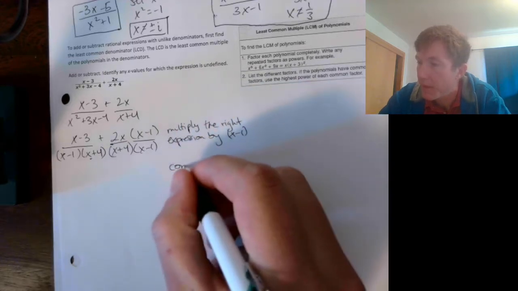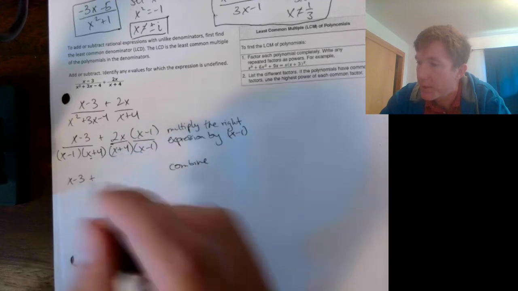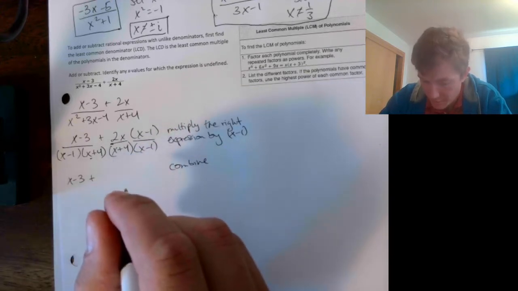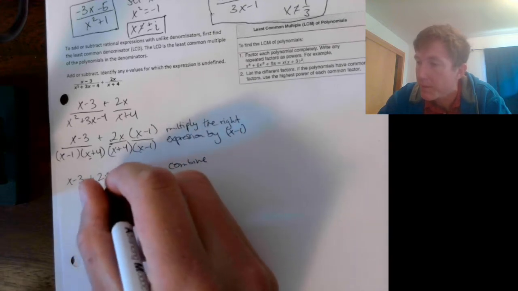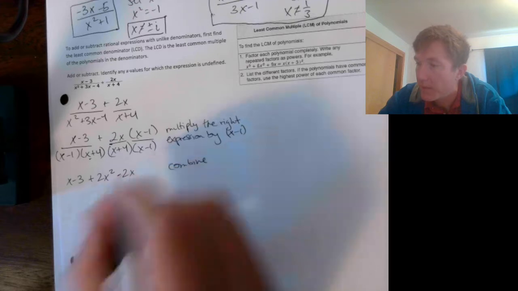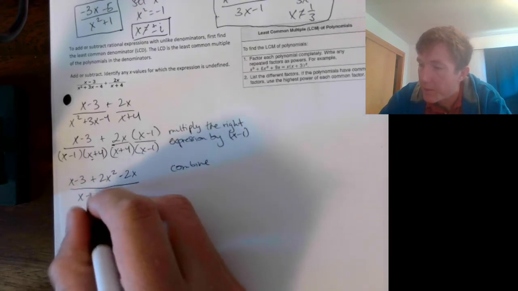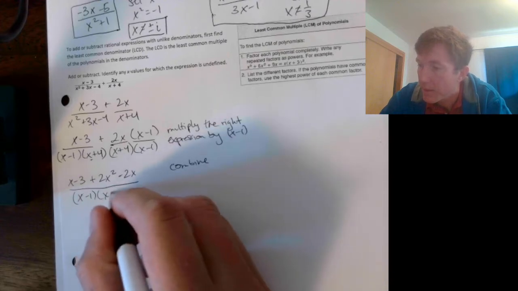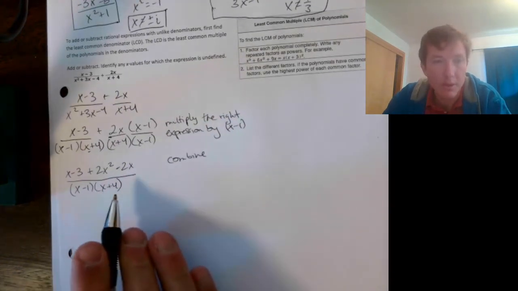So we'll combine. It'll be x minus 3 plus, I'm going to distribute this, so 2x times x is 2x squared. 2x times negative 1 will be minus 2x over, and then this is the important part, do not multiply these, don't FOIL these just yet.